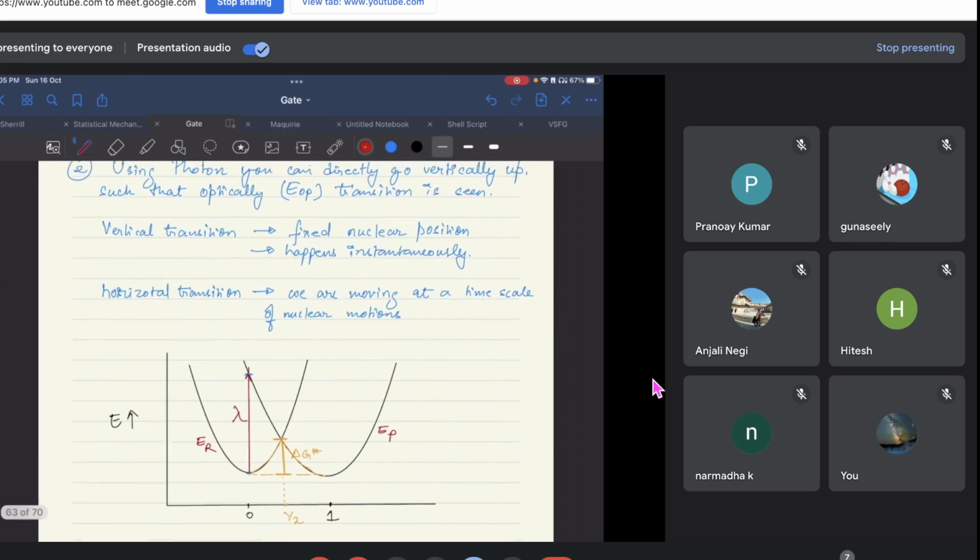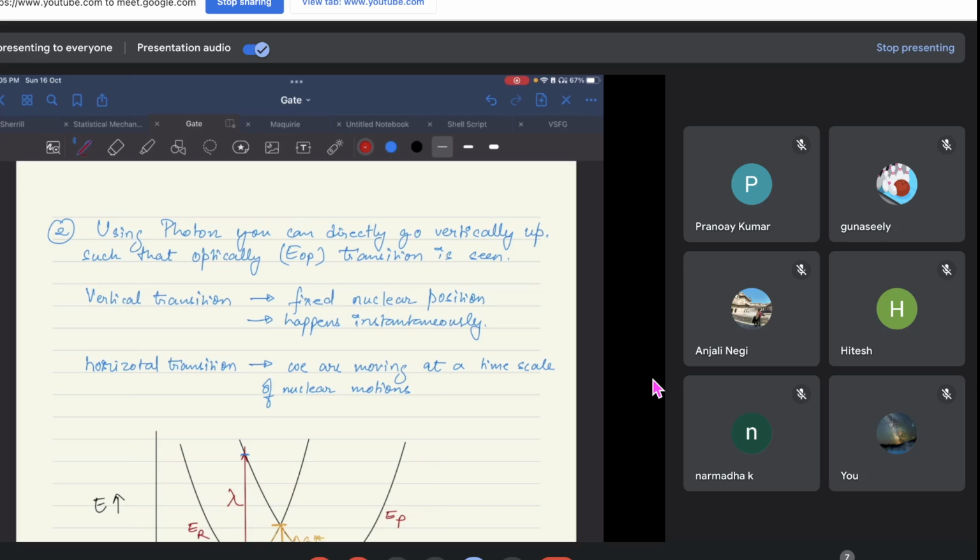Now, if I am using a photon or optical transition, you can directly go vertically up, such that the optical transition is seen. The vertical transition is for a fixed nuclear position and happens instantaneously.